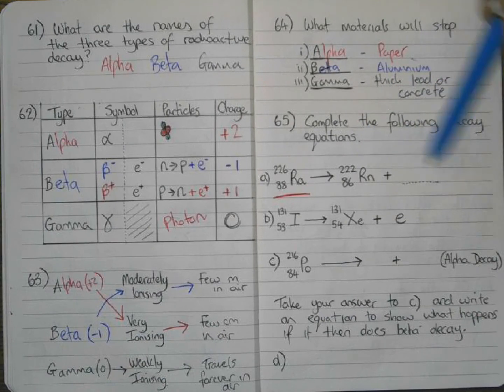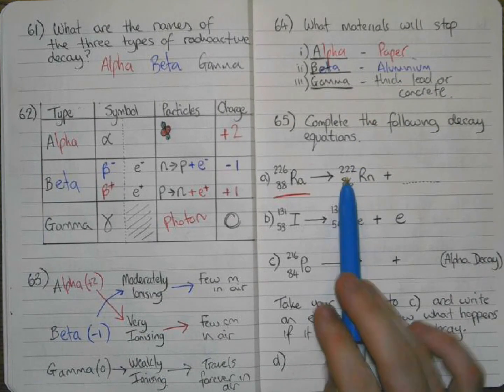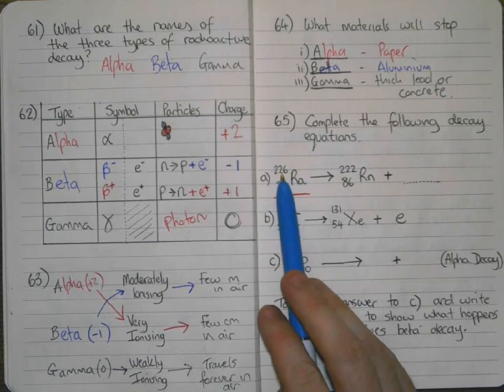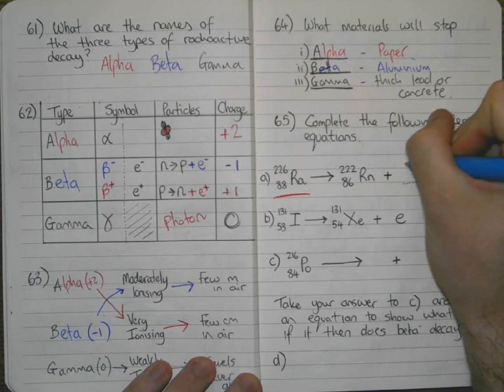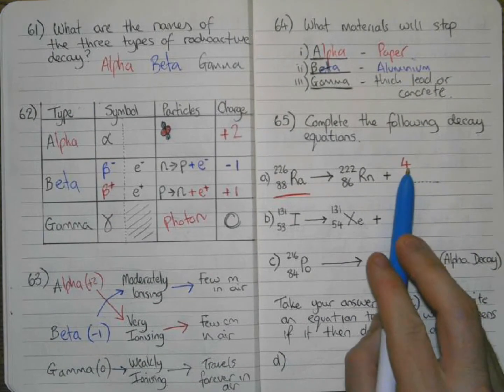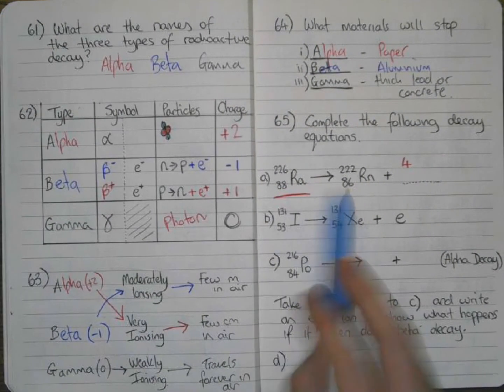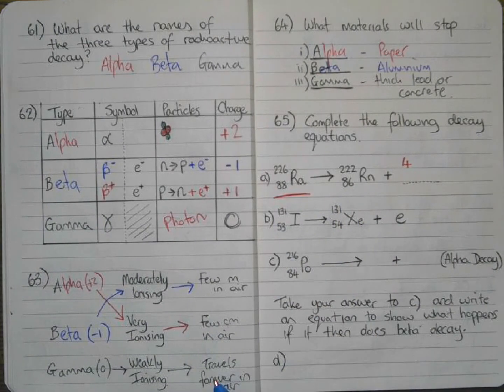So there's something missing. We've lost particles. Let's see what numbers they are. Well, they go from 226 to 222. That must mean that the answer has a mass number of 4, and the bottom number, 86 plus something, equals 88, and that's 2.